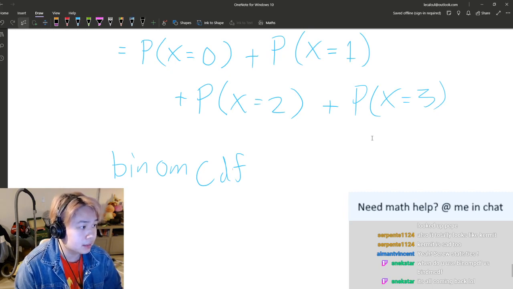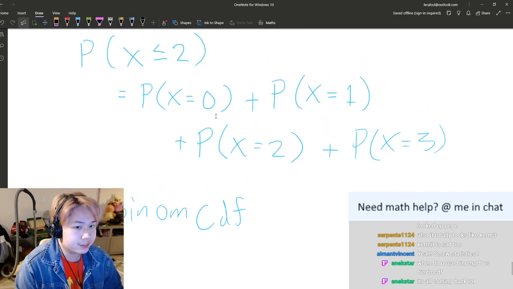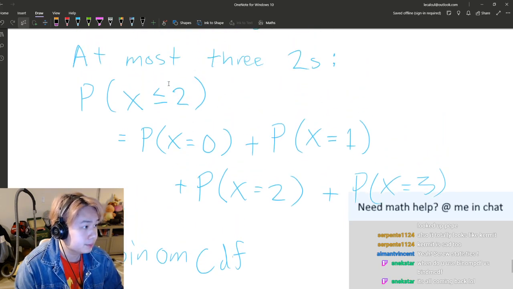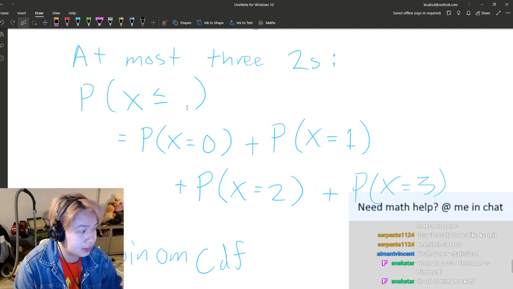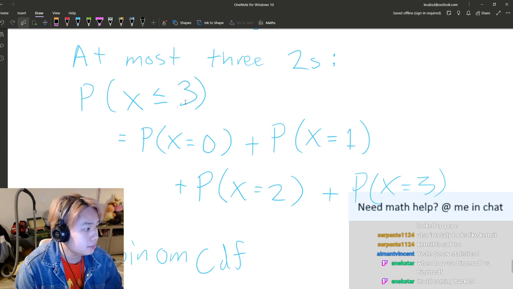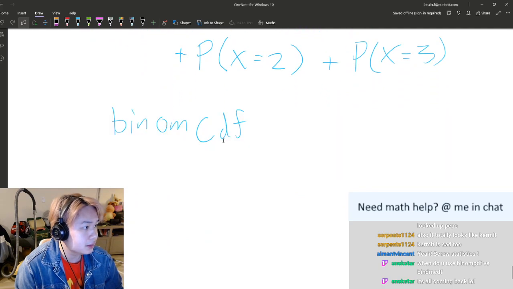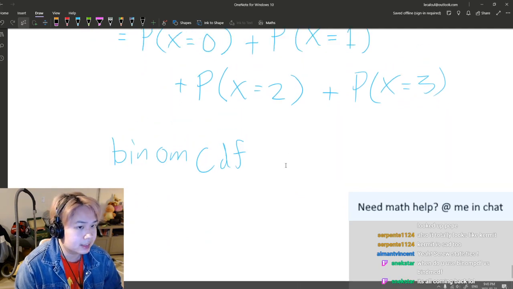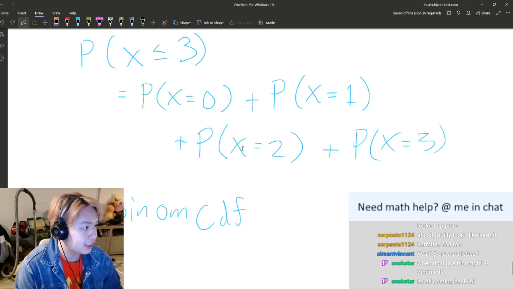What this does is calculate from 0 all the way until the upper boundary. So, I should change this to 3. Sorry if that confused you. Binomial Cdf will do this exact same process. It's just more efficient.